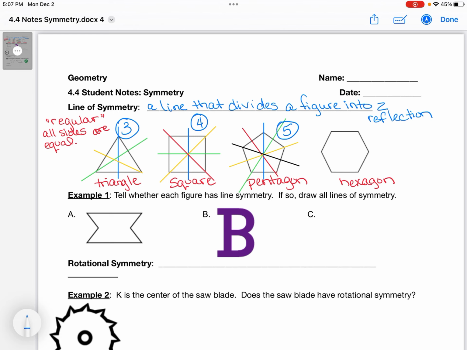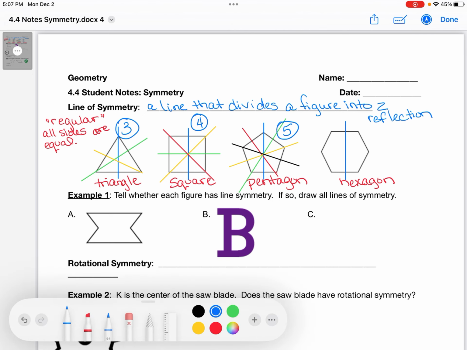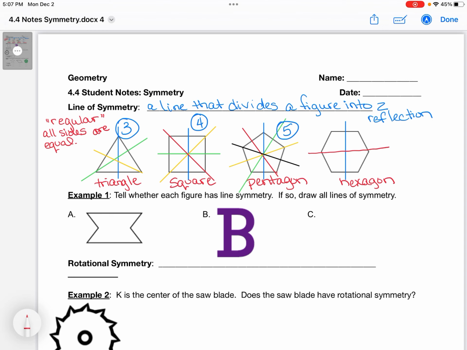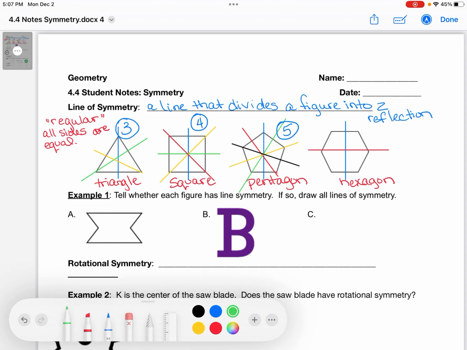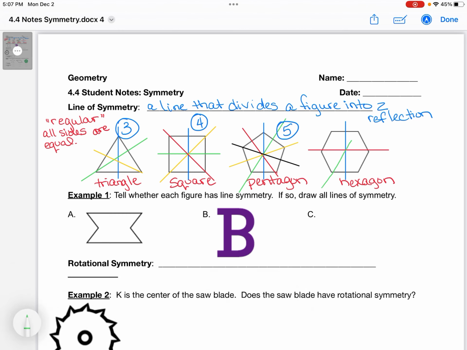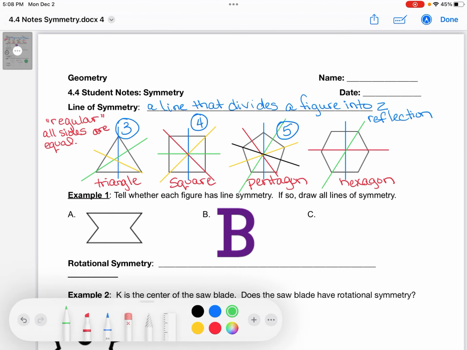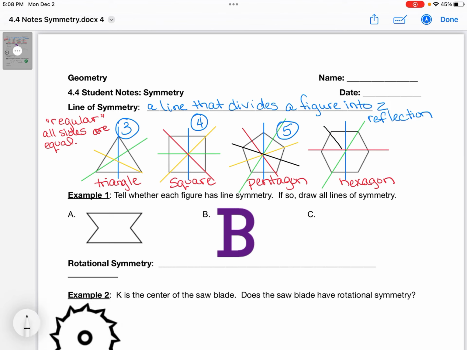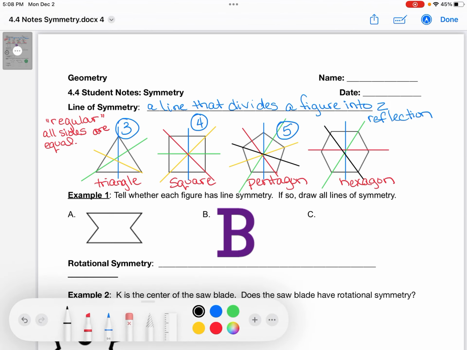All right, and then the hexagon, I hope you would guess would have 6, and you would be right. There's this one, of course, right here, and there's this one right here. The points, the corners, connect to make lines of symmetry, and that's 3 of them.